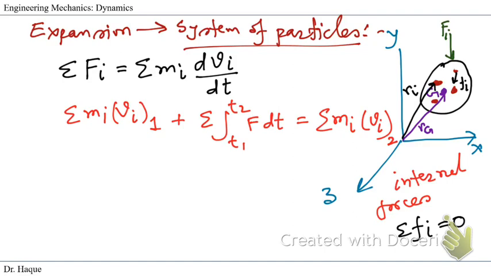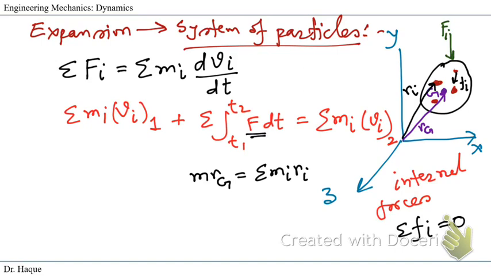We only have to consider the external force F. Now we can define the position r_G: m r_G is equal to the summation of m_i r_i.